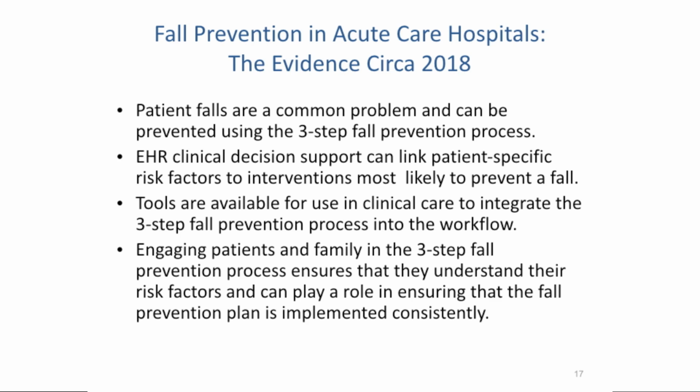The electronic health record clinical decision support can link patient-specific risk factors to the interventions that are most likely to prevent a fall in each individual patient. But we also have tools that are available in clinical care that will integrate this 3-step fall prevention process into the workflow, and the laminated poster is another example of such a tool.